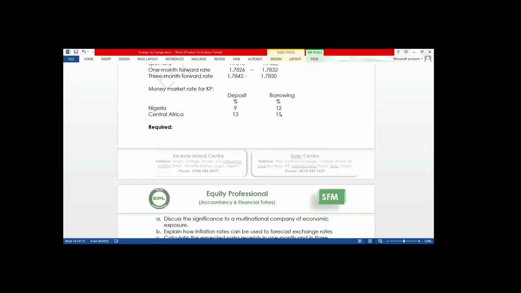These rates are quoted annual. Annual borrowing rate in Central Africa is 15%. The examiner will always give you the annual borrowing rate. But for this particular question, the transaction is for 3 months, so you are going to determine the 3-month borrowing rate. This is where you need to prorate.